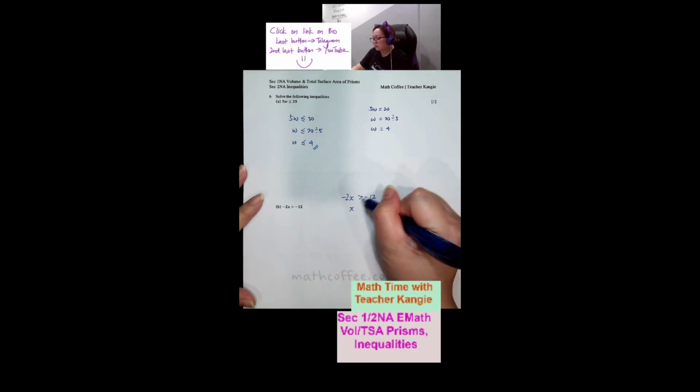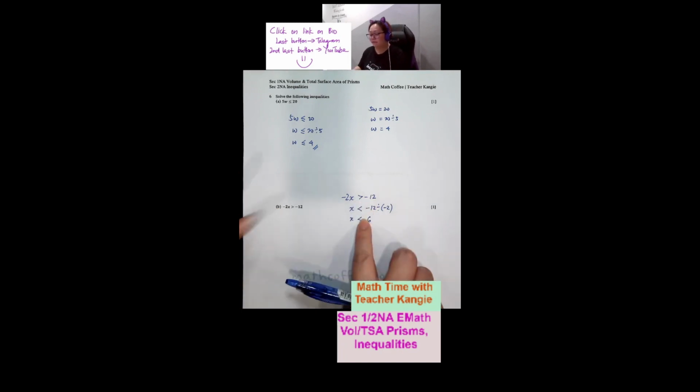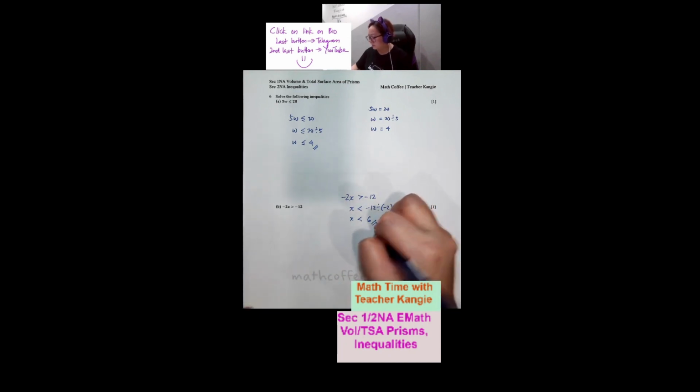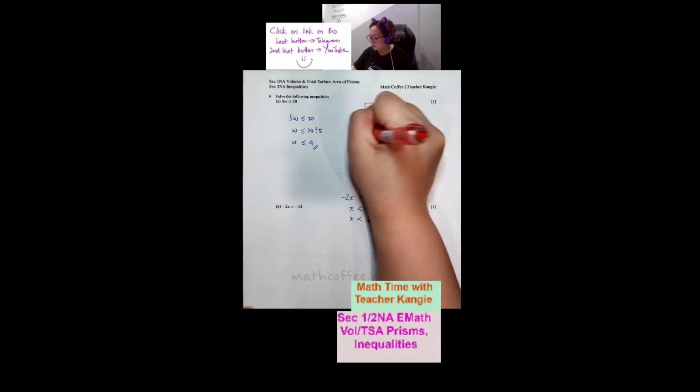So currently it is more than, I have to flip it to become less than. So my x now is less than 6. Students will get this question wrong because they never flip the mouth. Remember, for inequality, when you divide by a negative number, please flip the mouth. And we're done. Okay, this one, I'm just going to box it up because this is not related.